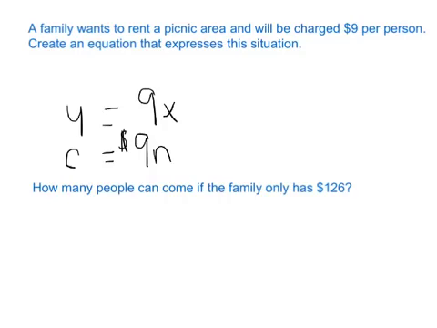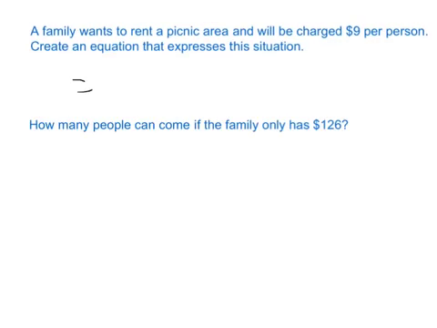And as we look at this next problem, how many people, if we have C equals 9n, the next step is actually going to be solving these equations. So how many people can come if the family only has $126? Well, we really have to get a great sense of what each variable stands for.